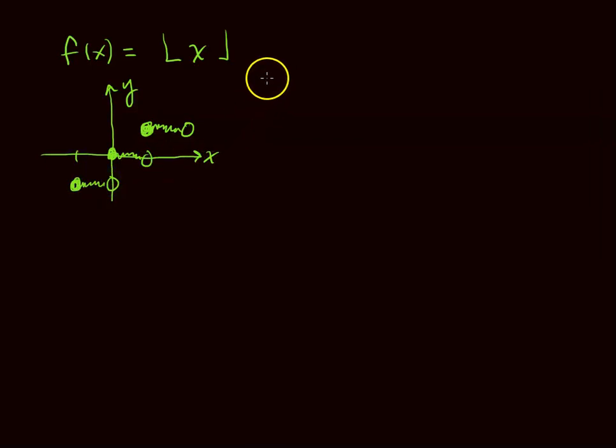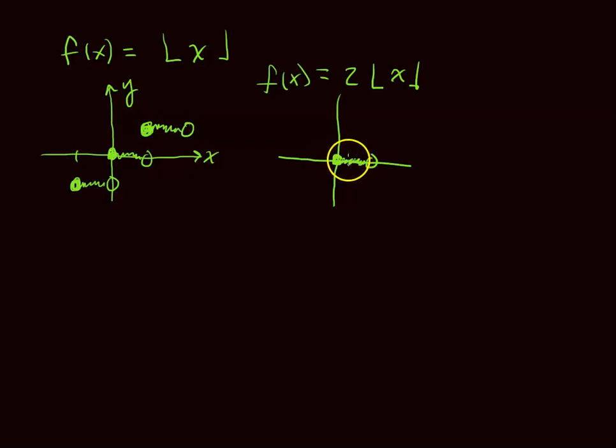So let's suppose we have f of x is equal to 2 times the greatest integer of x. This is outside the function. It works vertically. It is a stretch, so that first step doesn't really move, because when you stretch it vertically, you're stretching from the x-axis.